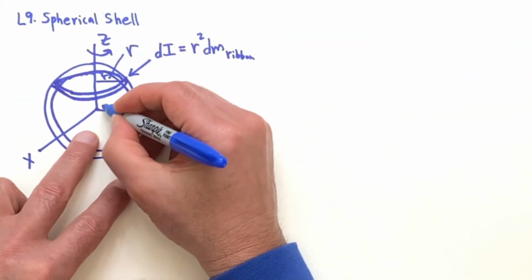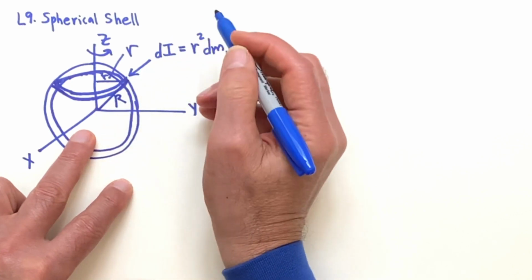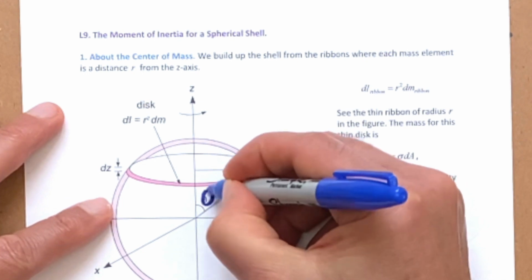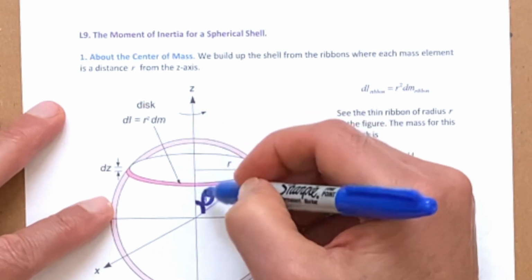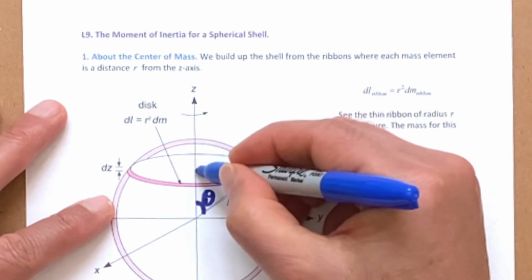So here, this is capital R, and we use this angle as theta coming from the z-axis, which is conventional in upper level physics courses.